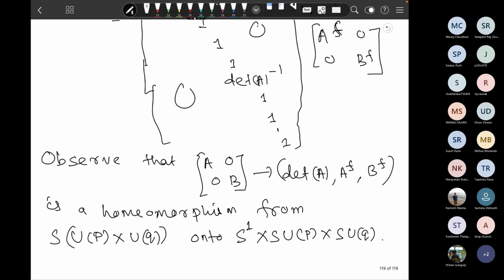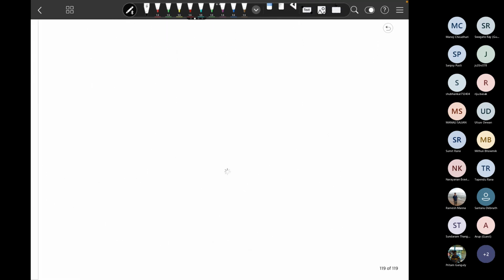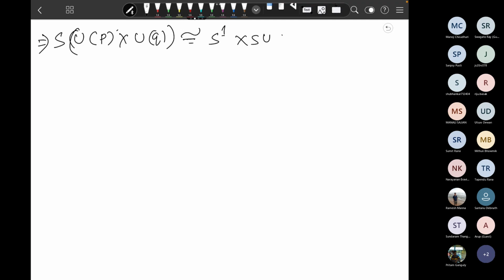So what I'm getting, let us write this in space. So I am getting this S of UP, UQ. This is really S1, homeomorphic to SUP cross SUP. Okay. And this whole thing is connected.